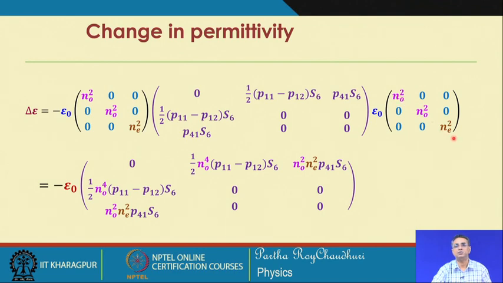It is not that all of them are n o square, there is n e square also. Therefore, these two positions appear as n o to the power of 4, whereas here both of them are coupled.